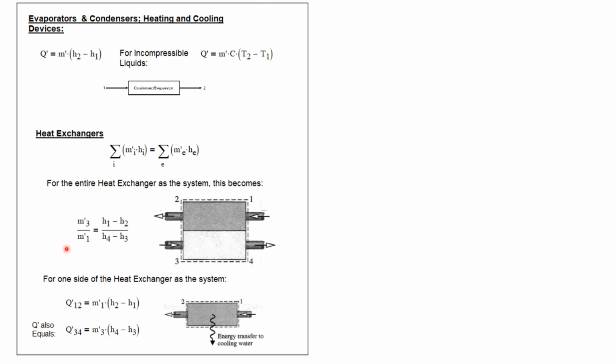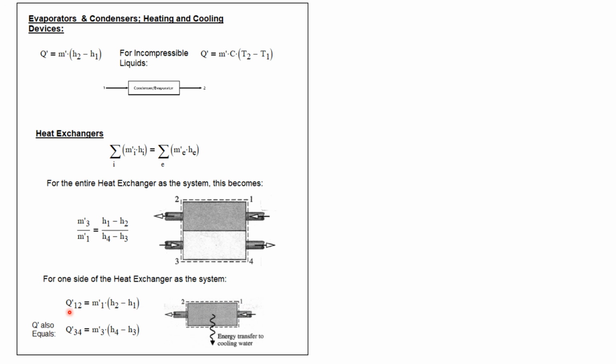Now, if we want to find the amount of heat transfer that transfers between the fluids inside the heat exchanger, we have to analyze the system differently. We have to just look at one side of the heat exchanger or the other. Here I'm looking at the side where we have flow coming in at 1 and exiting at 2.